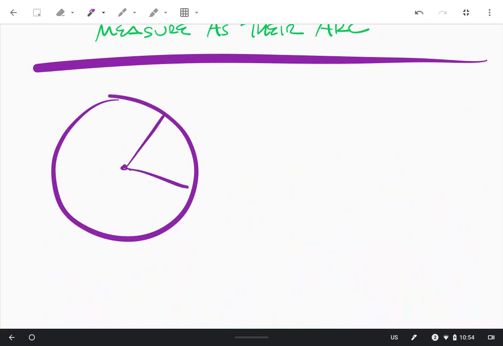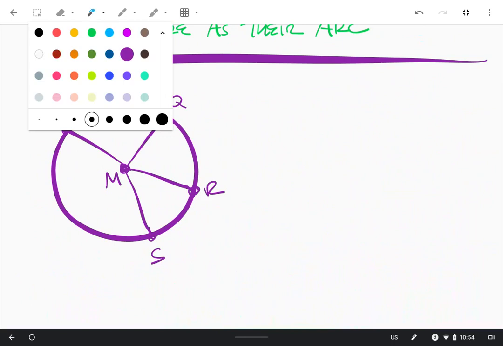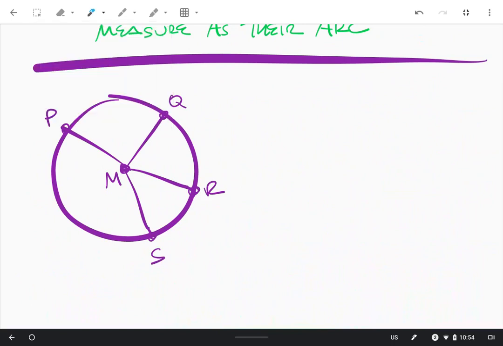Say I have a circle made up of multiple arcs. Name all these points here. Let's call this point M. We'll call this point P, Q, R, and S. And let's say that I know that this is 92, this one is 61 degrees, and this one is 34 degrees.